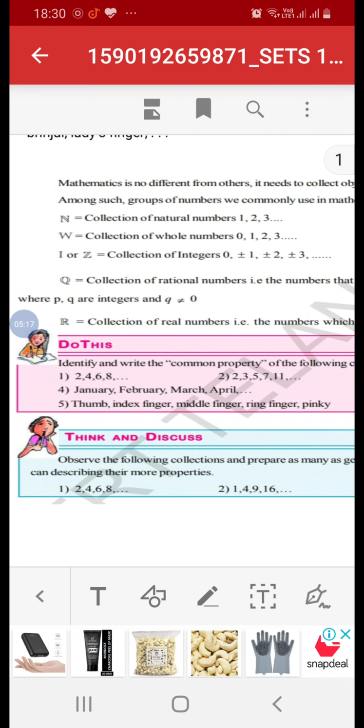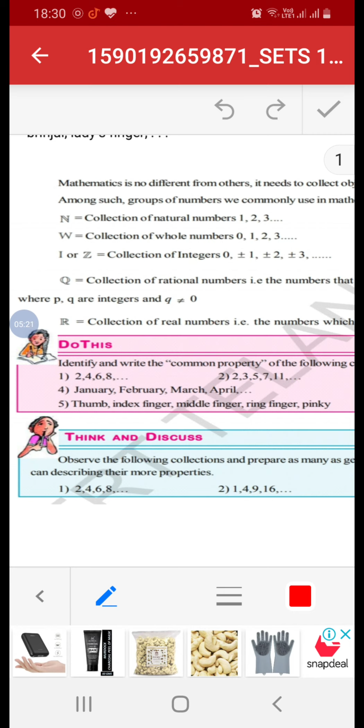Let us see here some collections of objects which are given. Collection of natural numbers, collection of whole numbers, collection of integers. Why are we saying this?